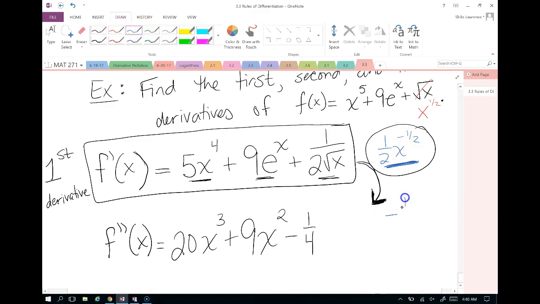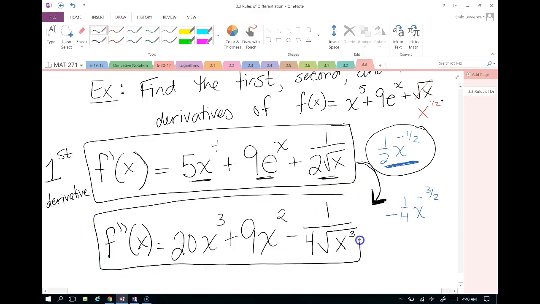This is negative 1/4 x to the negative 3/2. That's the unsimplified form. The simplified form is going to move it to the denominator with a square root and an x cubed. That is our second derivative, because we applied all of our derivative rules a second time.